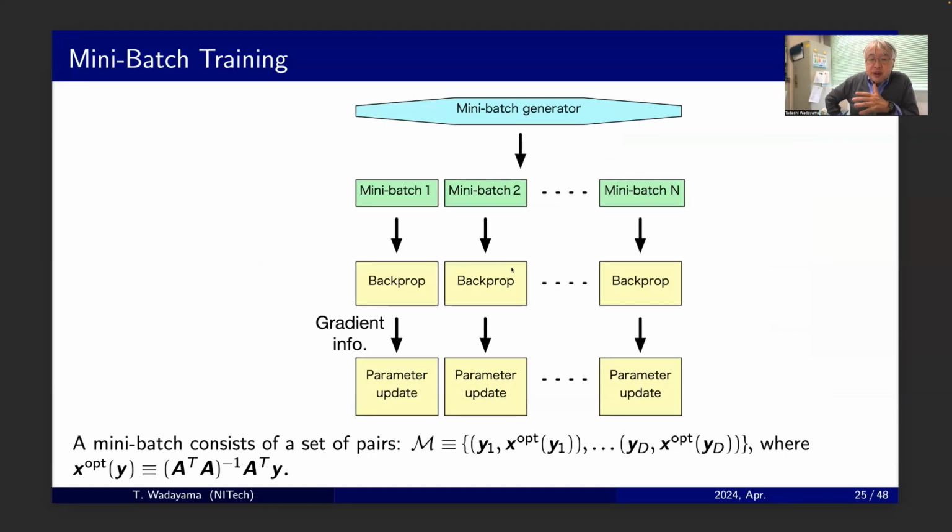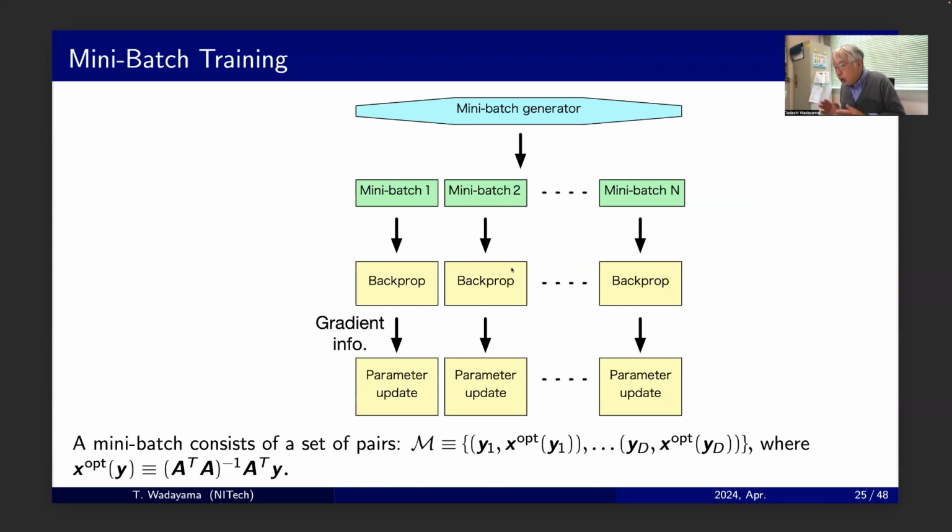This figure shows the detail of mini-batch training. A mini-batch generator sequentially generates a bunch of mini-batches, like mini-batch 1, mini-batch 2, and so on up to mini-batch n. For each mini-batch, trainable parameters are updated as previously explained. A mini-batch consists of a set of pairs of y and the corresponding least square solution x opt.